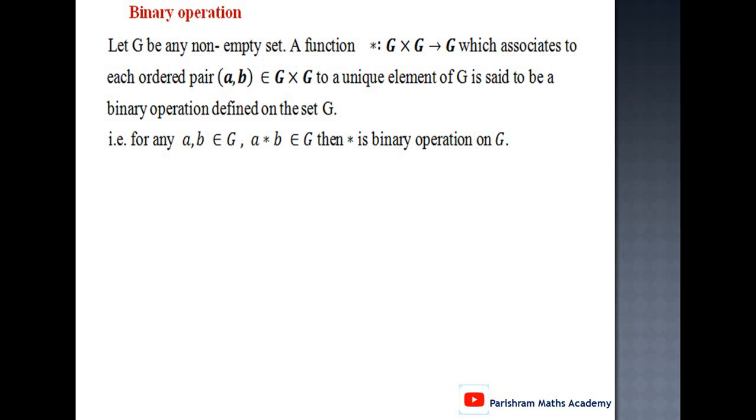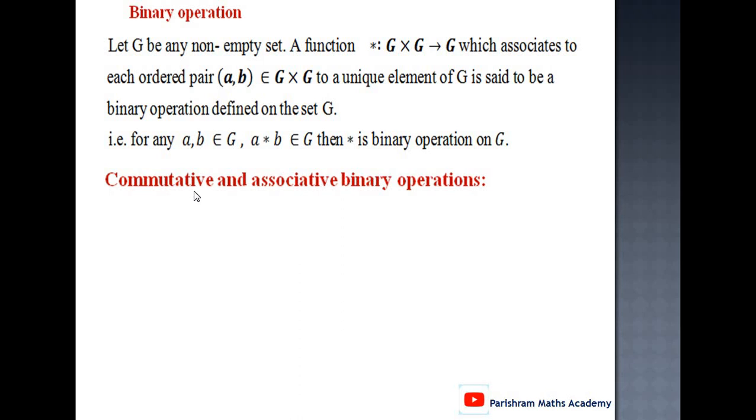A function star from G cross G to G associates to each ordered pair A comma B belonging to G cross G a unique element of G, and is said to be a binary operation defined on set G. That is, for any A comma B belongs to G, A star B also belongs to G. If this condition is satisfied, then star is called a binary operation on G.